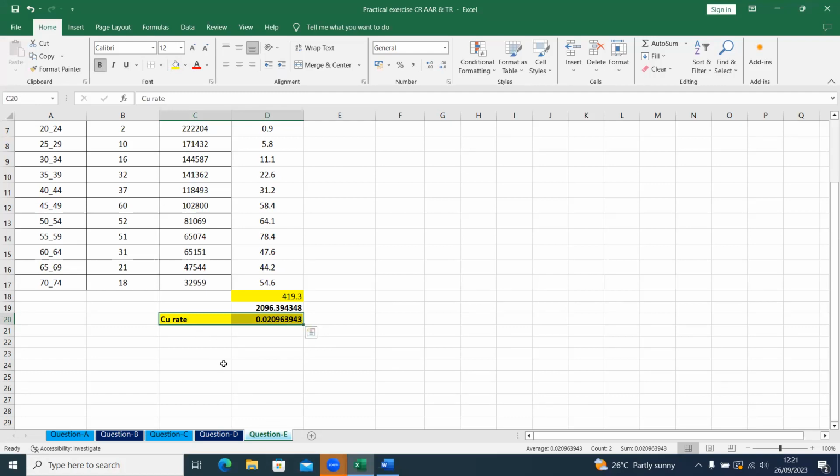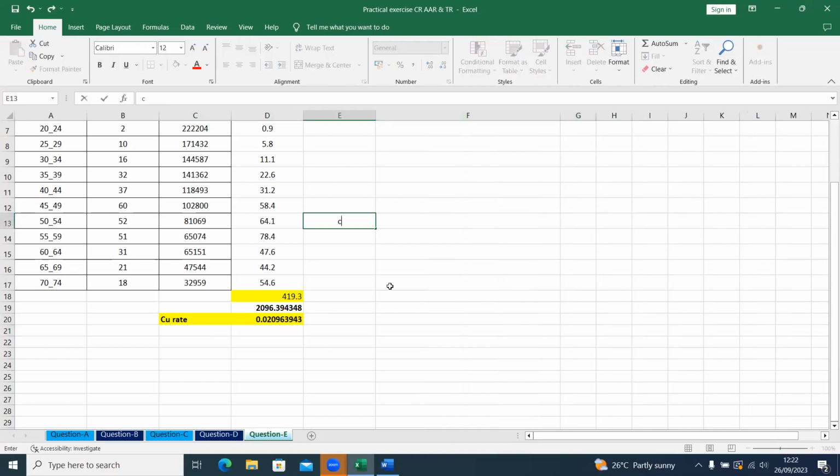Now we will calculate cumulative risk. What is the formula? I just mentioned the formula here. Cumulative rate into 100? No. Exponential. Yes. It is 1 minus EXP, exponential of bracket minus cumulative rate. So this is the formula to calculate cumulative risk.